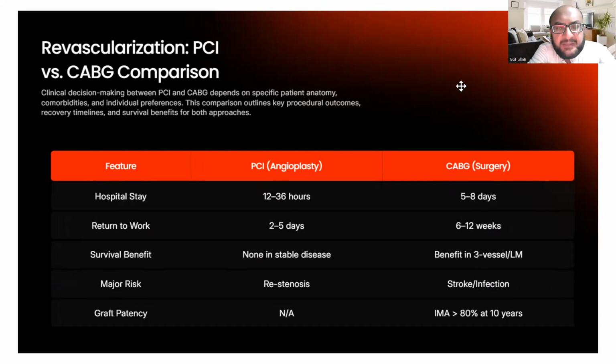Angioplasty and stenting is a short stay procedure of 12 to 36 hours, and in 2 to 5 days, the patient may return to work. Light work, obviously. Survival benefit is none in stable ischemic heart disease, meaning the patient doesn't have any mortality benefit. The major issue is restenosis, and graft patency is not applicable for PCI or angioplasty.